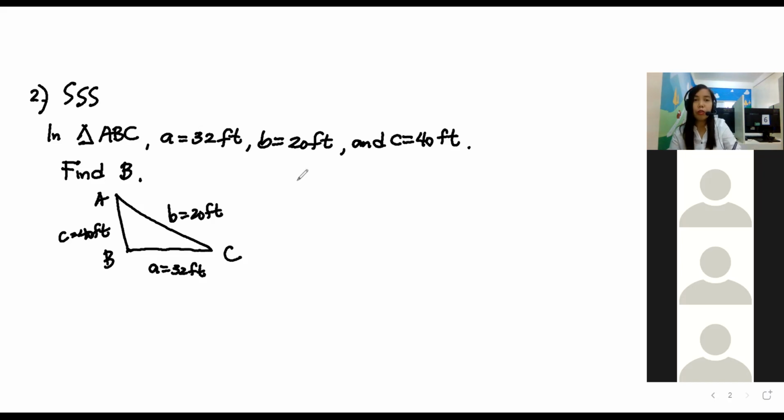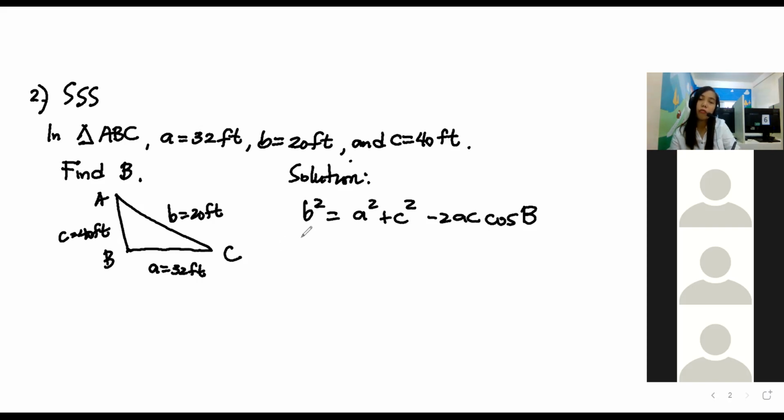So, therefore, we're going to use the formula B squared. Kasi nandito ang cosine B, right? B squared equals A squared plus C squared minus 2AC cos B. We're asked to find cosine B. So we need to isolate this term. So we will have, siya na lang ang lipat natin.